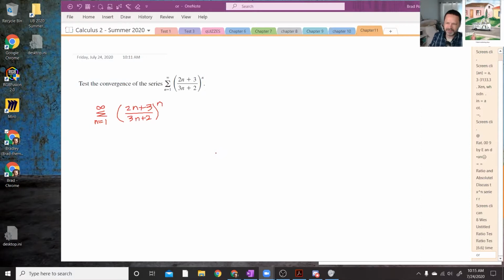But this one might be a little more difficult to see because, looking at the limit as n approaches infinity, to me that kind of looks like 2/3. The inside, if it was just (2n plus 3) over (3n plus 2), would be 2/3. But we've got 2/3 to the n. It's kind of like 2/3 to the infinity. I'm saying, yeah, it looks like it's going to approach zero.